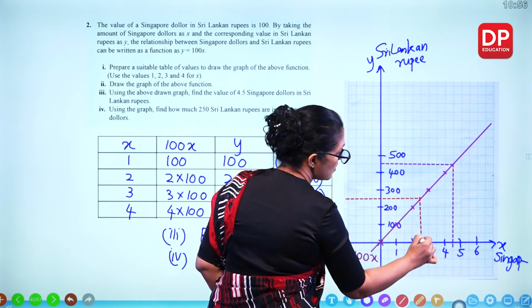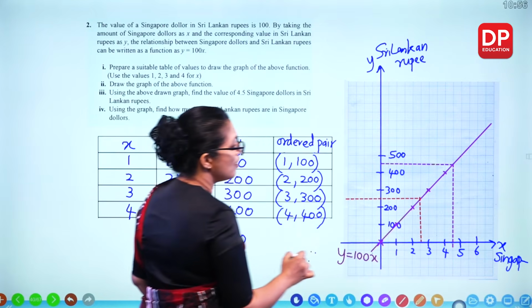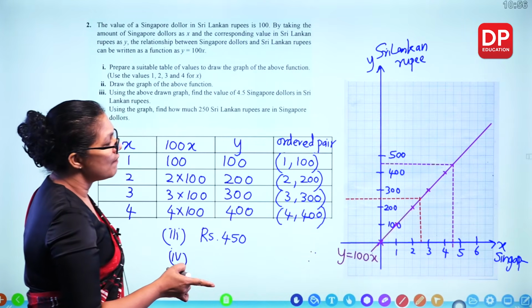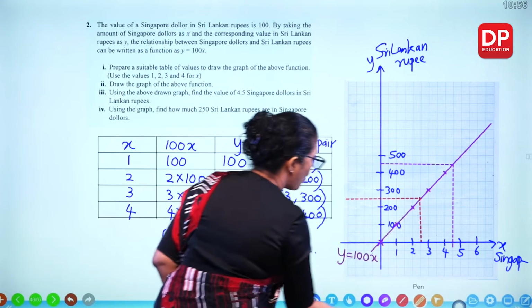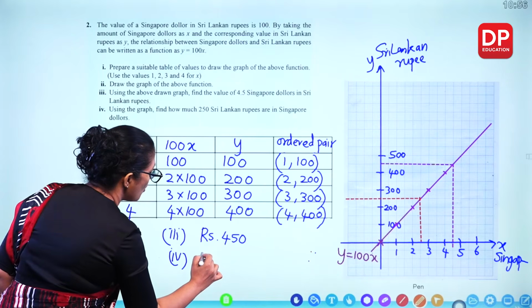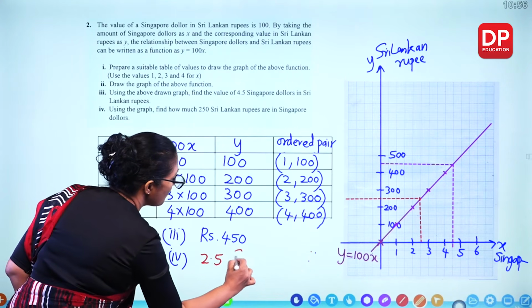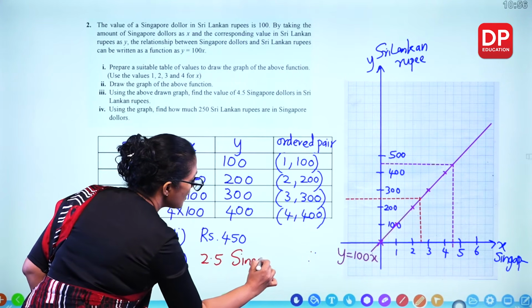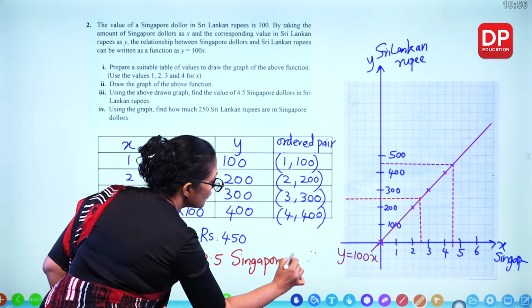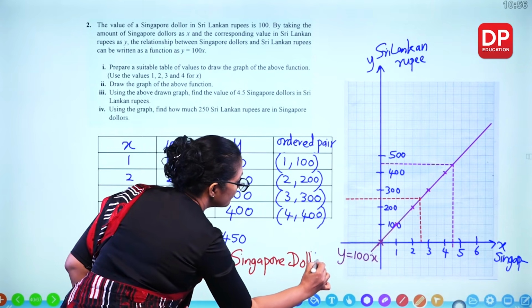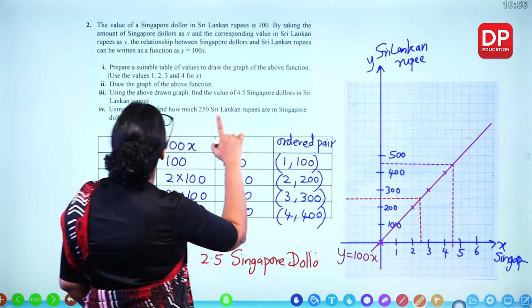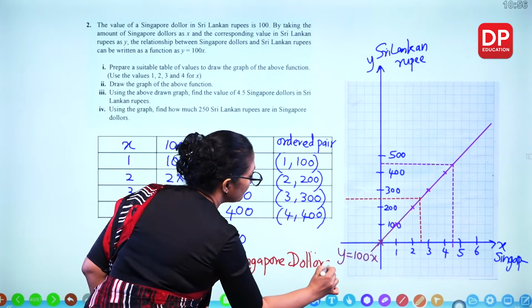You can read this value. So, what's the value? 2.5 Singapore dollars.